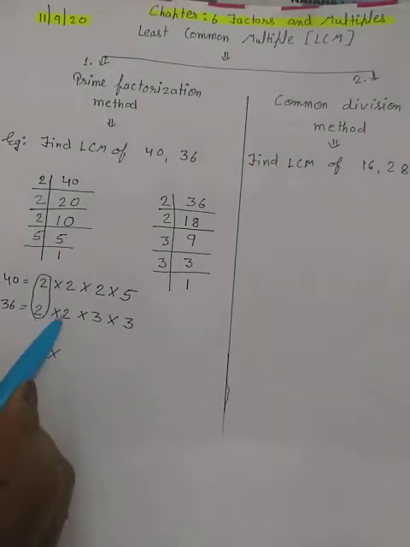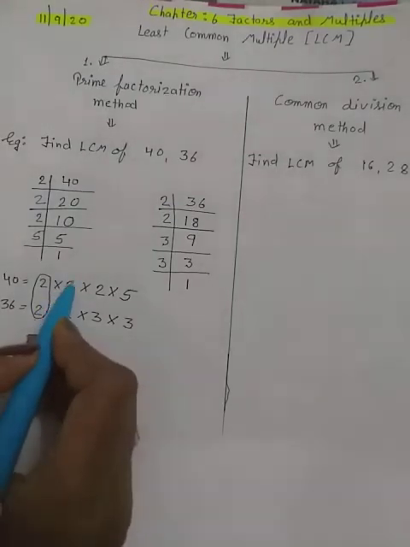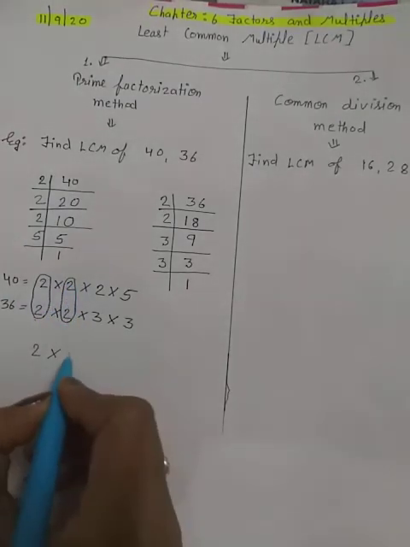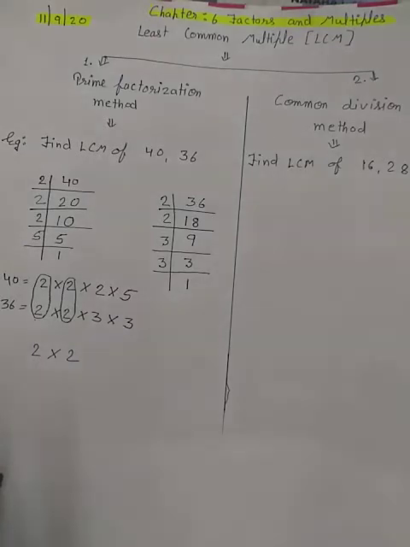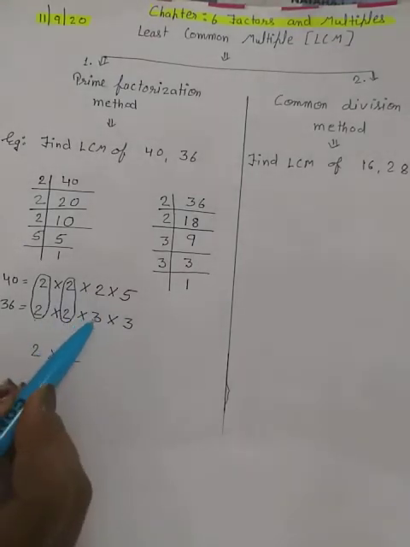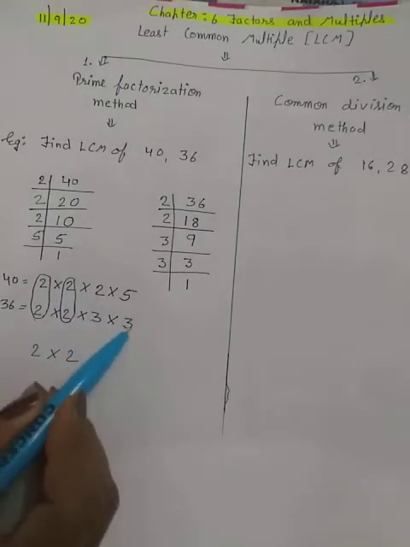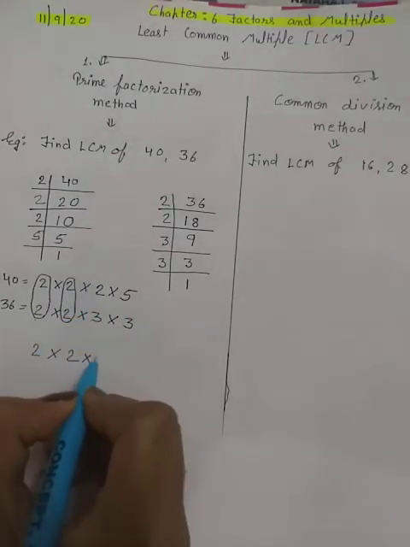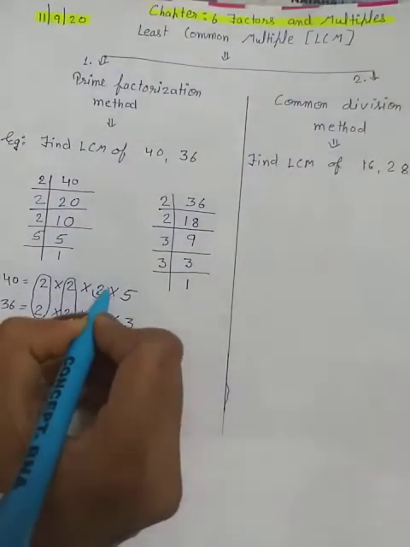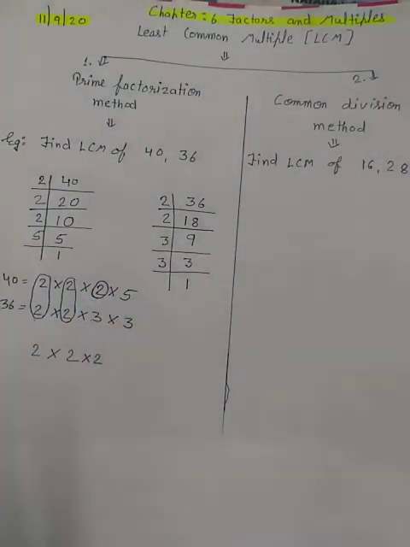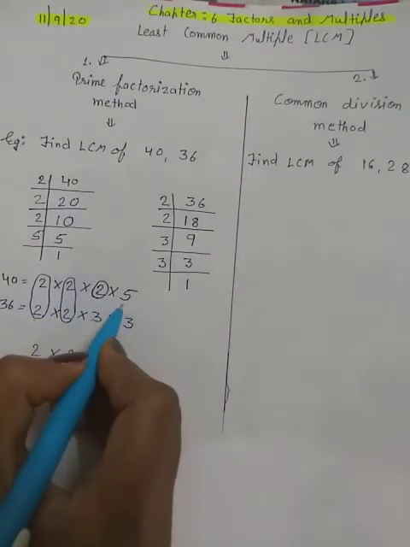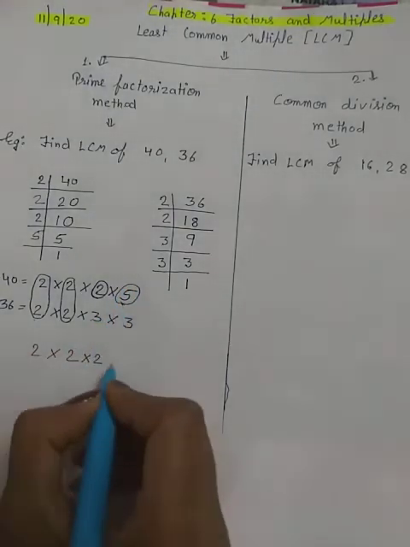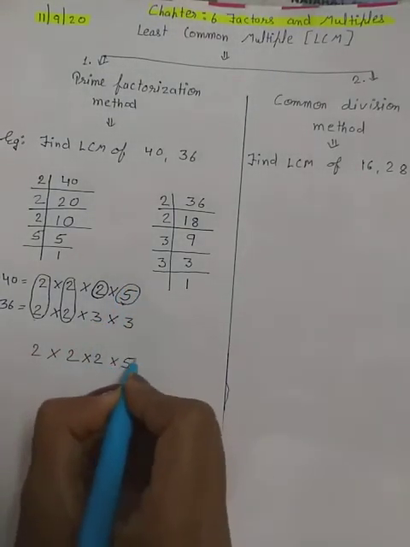Again we have a common 2, so write only one more 2. Now we don't have any pair of 2, so we write the one 2 left over. Now 5: we don't have a pair of 5, so we write only one 5.